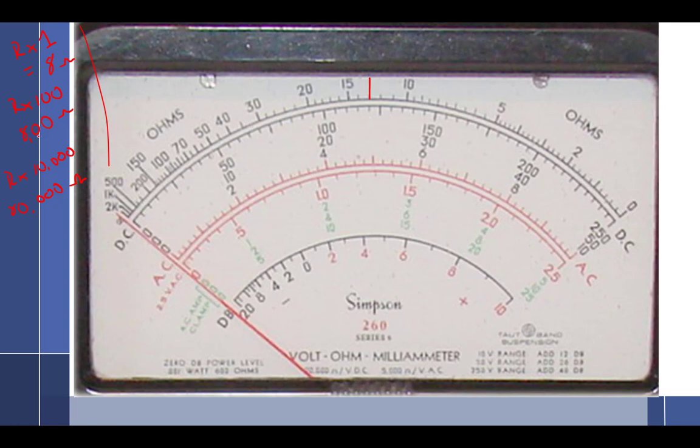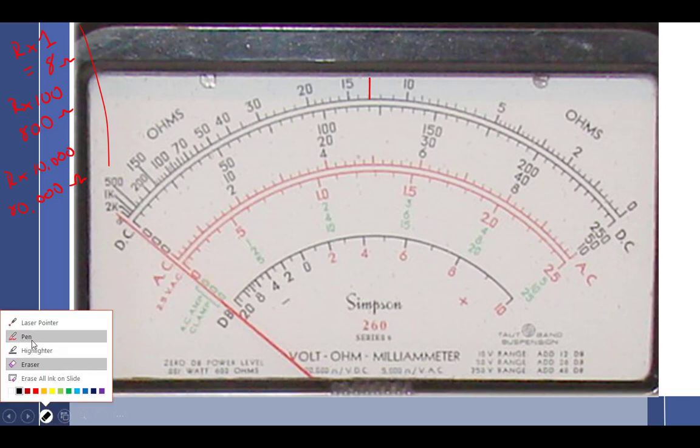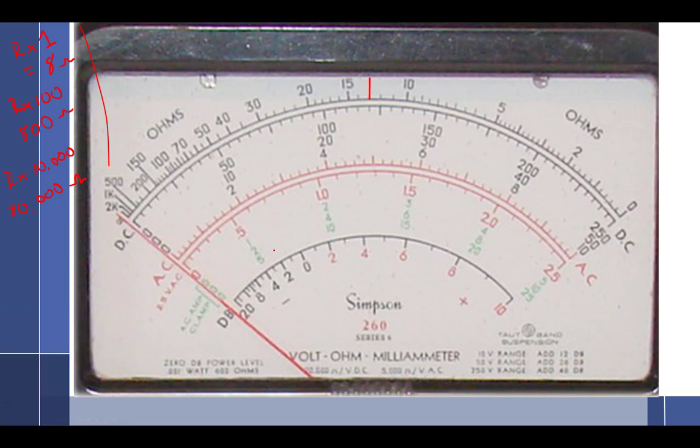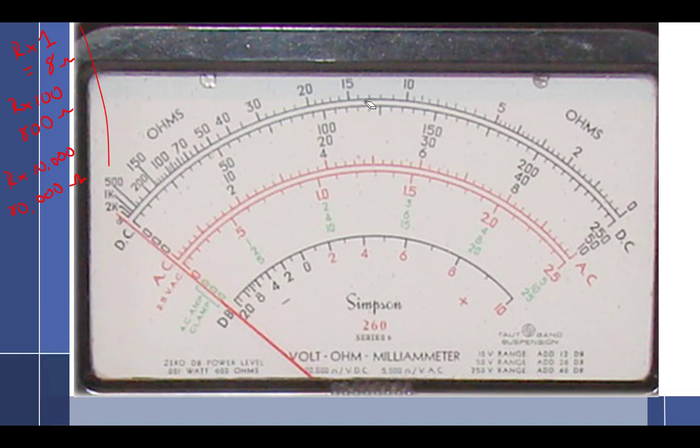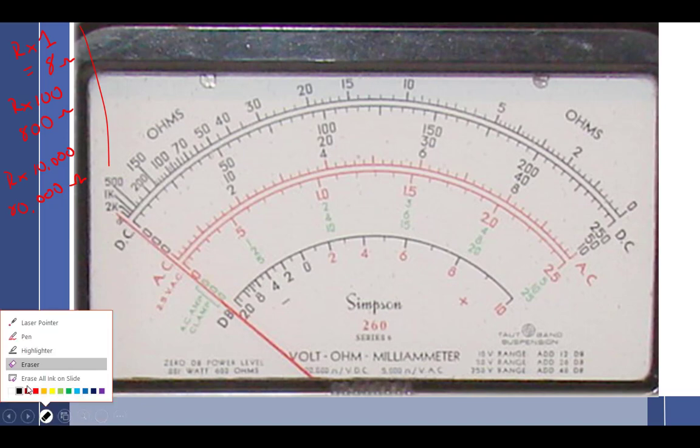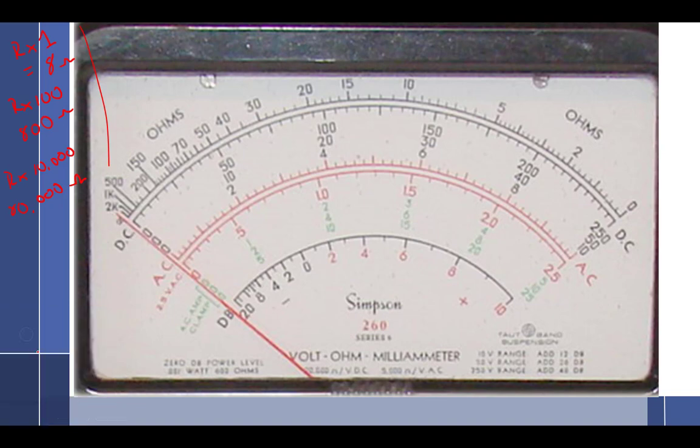All right, so we know that would be 13. What would it be at R times 100? 1,300. And at R times 10,000, 13,000. All right, let's get rid of that. This is not hard, is it? No. As long as you stick with me, it's not hard.